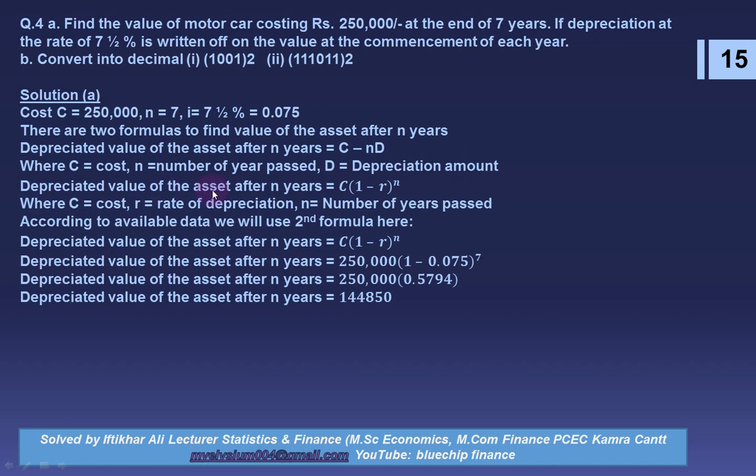The other formula is C multiplied by 1 minus R raised to power n, where R is the rate of depreciation. According to the available data, we will use the second formula: 2,50,000 multiplied by 1 minus 0.075 raised to power n. After solving this, the depreciated value of the asset after n years is 144,850.